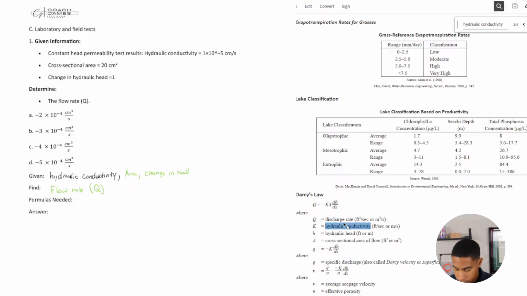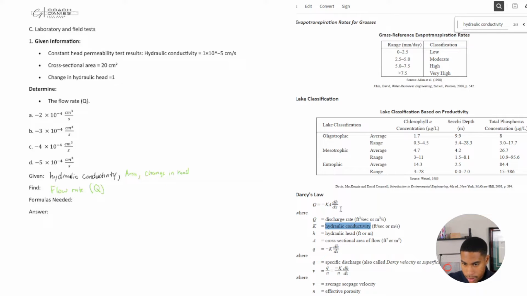Discharge rate, flow rate, same thing. And then dH over dx. What's H? Hydraulic head. So it's the change in hydraulic head, right? And so that would be 1 in this case. So I have all the things that I need in order to get my answer.